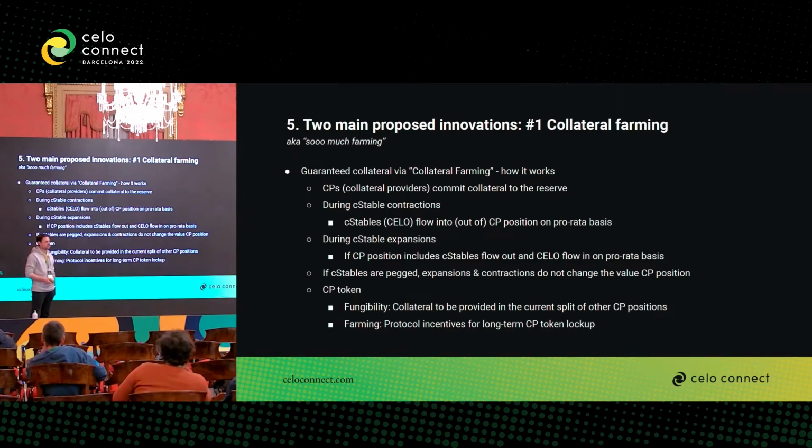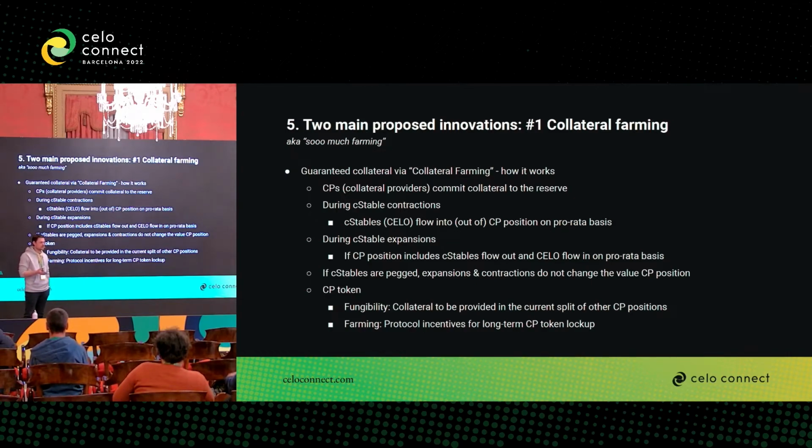So how does it actually work if you look at the collateral farming piece? Well, collateral providers, let's call them that because we all know the liquidity provider setup, I guess. They commit collateral to the reserve, and then during stablecoin contractions, these stable tokens flow into their position on a pro rata basis, and the Celo they provided as collateral will flow out on a pro rata basis.